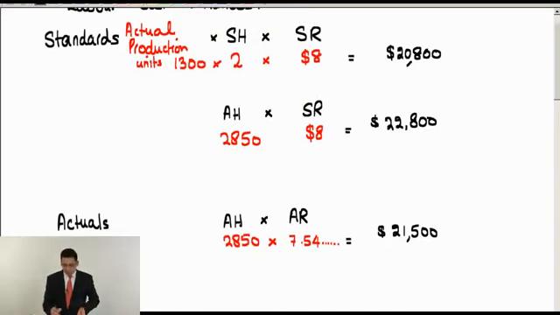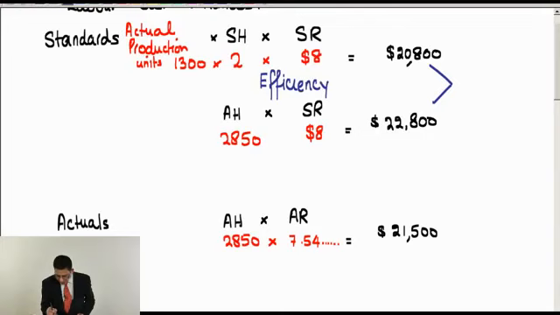Difference between lines 1 and 2 will compare standard hours with actual hours, meaning how much time we should have spent on 1300 units and how much time we did spend on 1300 units. So the difference between lines 1 and 2 generates the efficiency variance of workforce, which is, I suppose, adverse or unfavorable, which is negative $2,000.